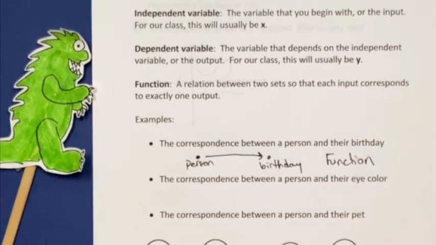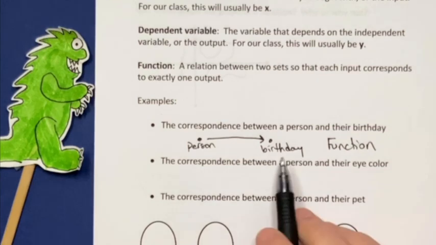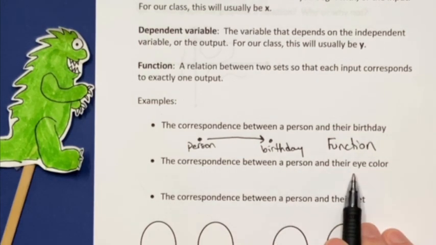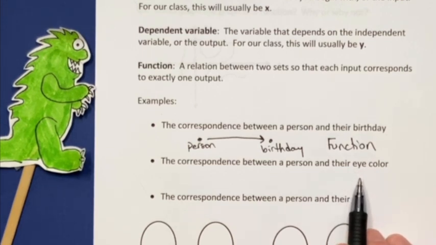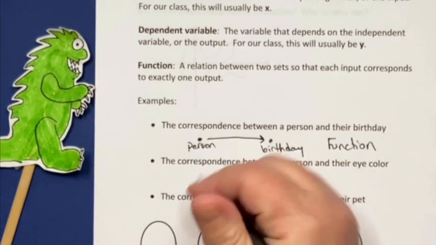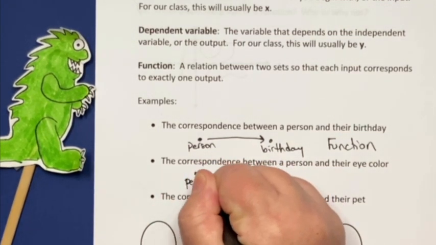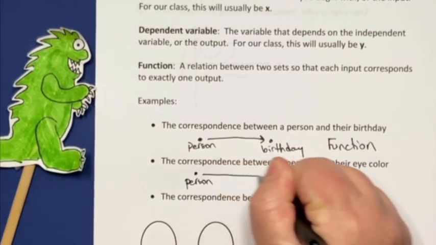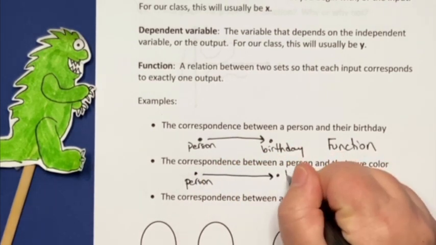The next correspondence would be the correspondence between a person and their eye color. And depending on who you are and what your eyes look like, I think a lot of people would say, oh, sure, this is a function. Because if you look at a given person, then you could correspond with, say, brown eyes.